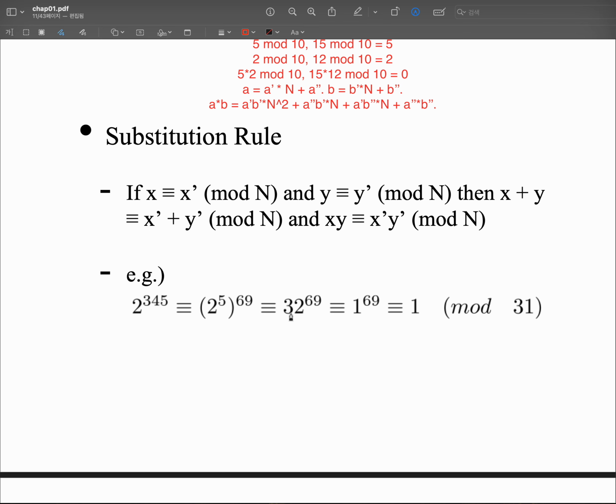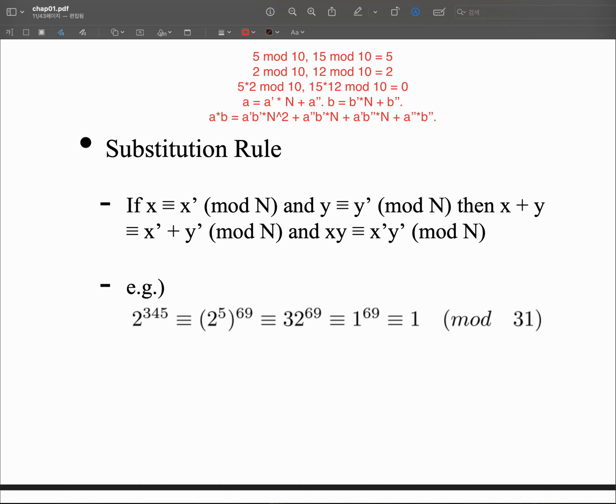That is equivalent to 32 to the power of 69, and 32 modulo 31 is 1. So it can be simplified like here. The final value will be 1, like here. That is the substitution rule. Okay.